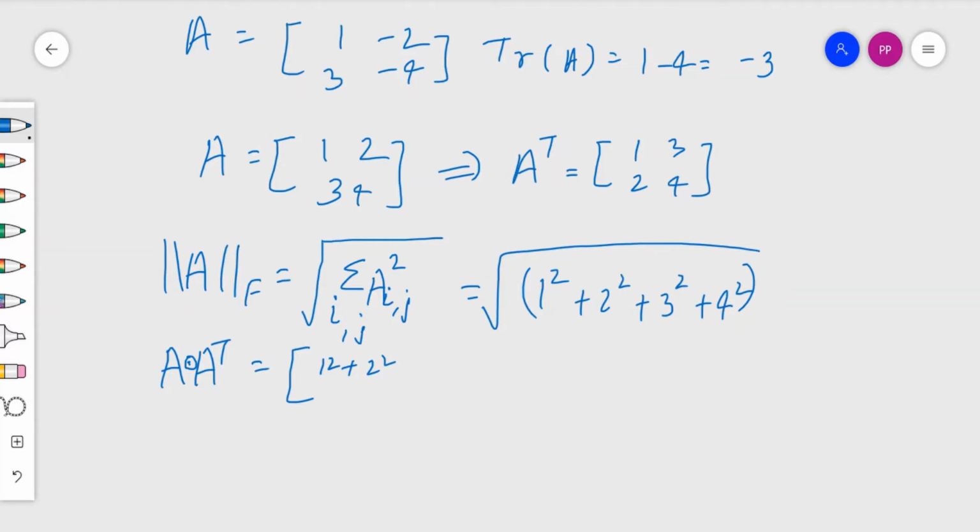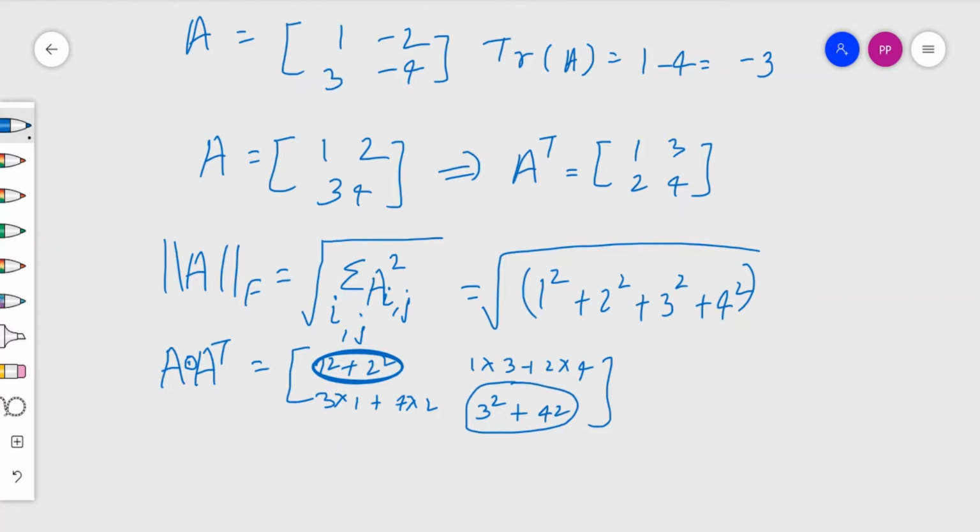So we have 1 into 3 plus 2 into 4, we have 3 into 1 plus 4 into 2, then 3 into 3 is 3 square plus 4 into 4 is 4 square. From here you can see that A into A transpose has the diagonal elements as this.